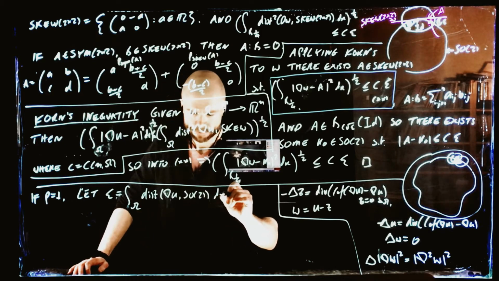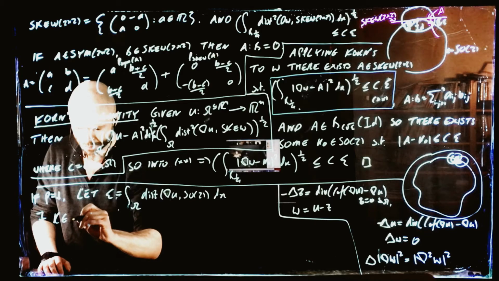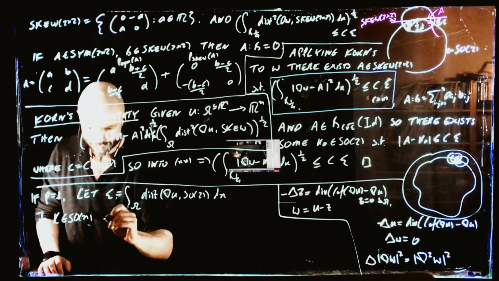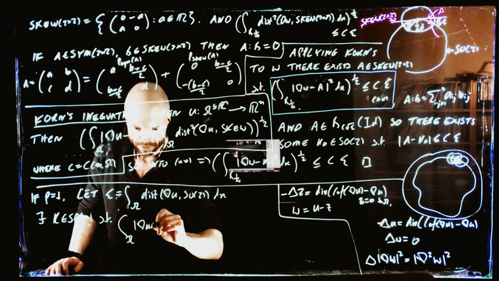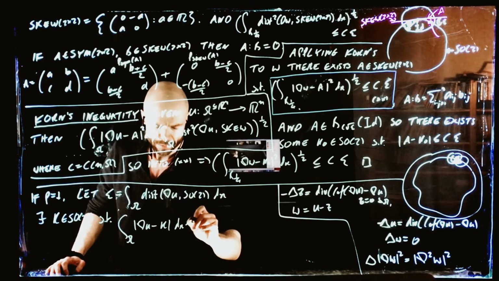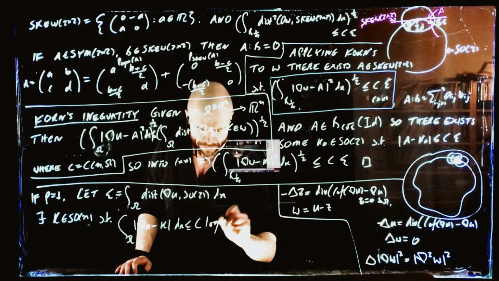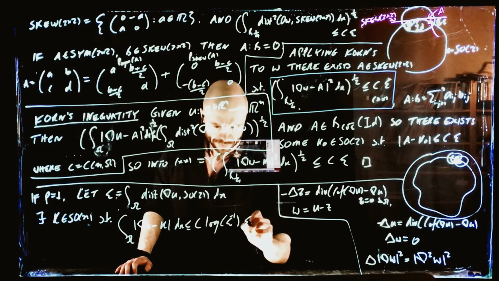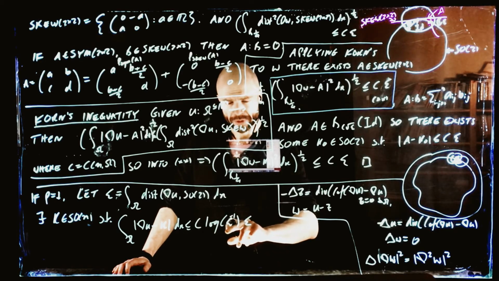Then there exists some rotation R such that the integral over omega of the gradient of u minus R dx is less than a constant times log of epsilon to the minus 1 times epsilon. So we lose a logarithmic factor here.